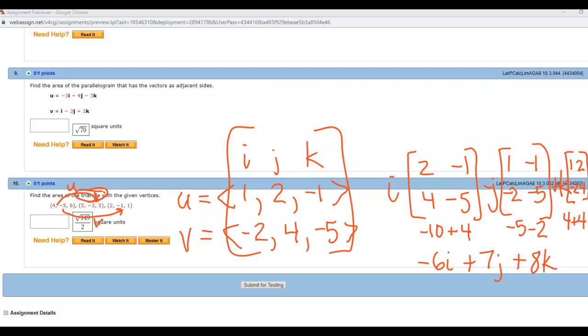Your parallelogram area is the square root of this squared, and this squared. So in my case, I would have 36 plus 49 plus 64. Add this up in your calculator. 149. So I get the square root of 149.